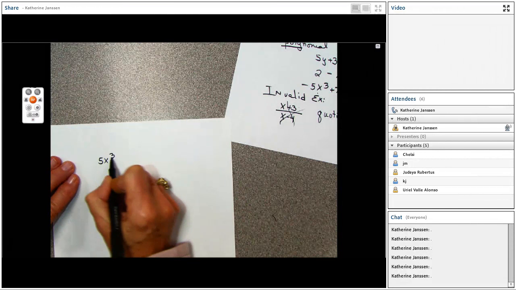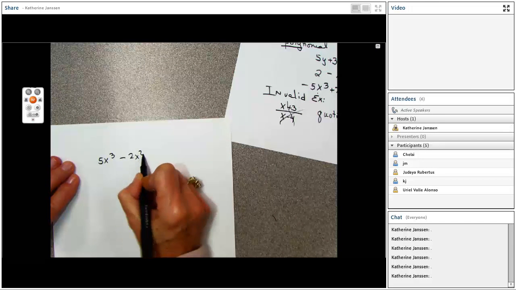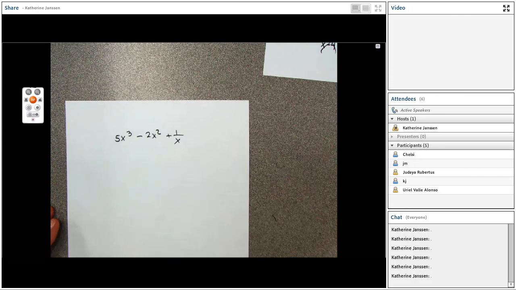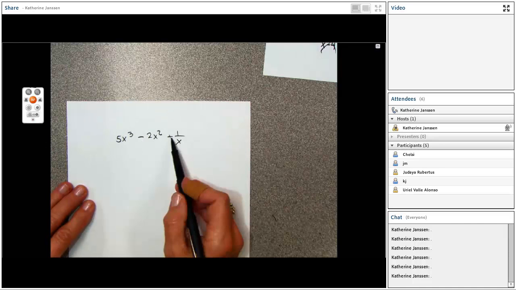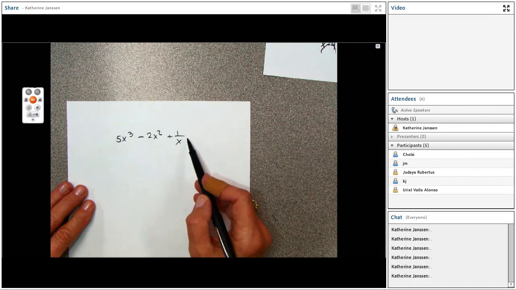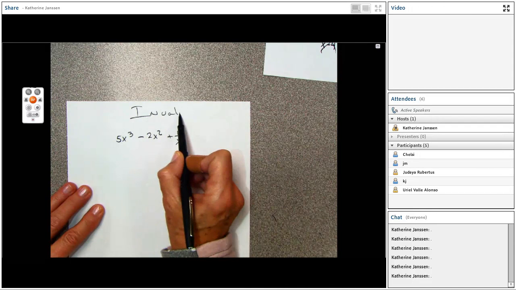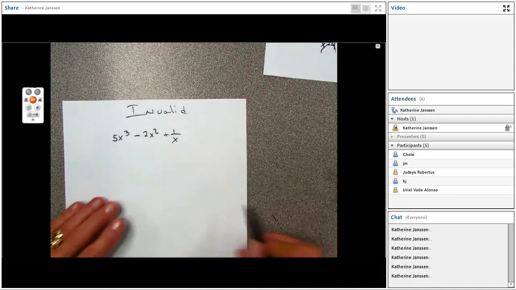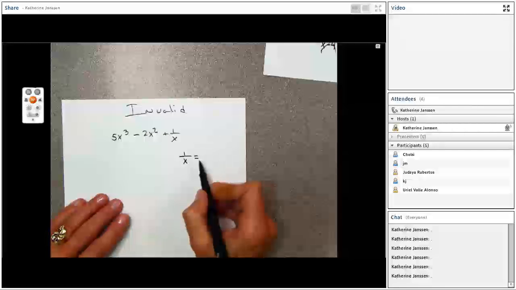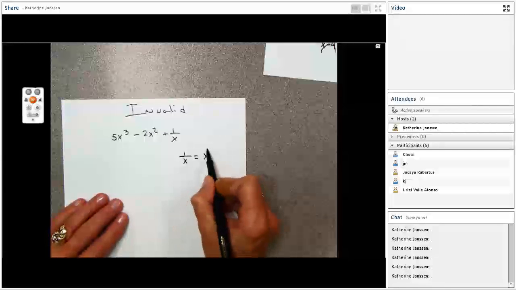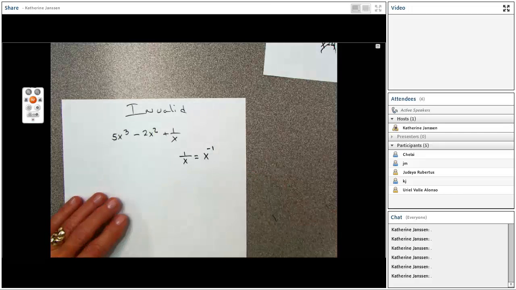Five x cubed minus 2x squared plus 1 over x. I'm adding and subtracting monomial, monomial. What's the problem here? Well, 1 over x is equal to x to the negative 1.